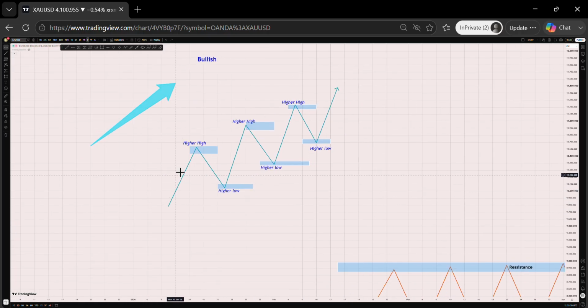When price gets to a point where it's not able to go any further, it has hit a resistance, it has hit a ceiling, and so it will look for grounds where it can stand and put itself together to make the next move. So we have a resistance here, and then we find the support. Once again, a resistance and then a support, a resistance, and then a support.